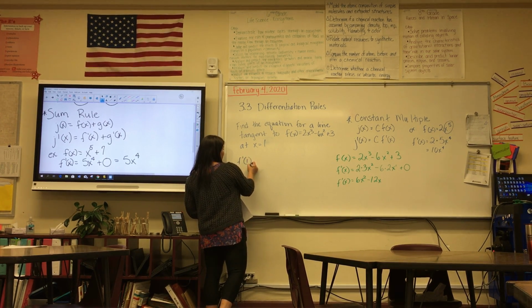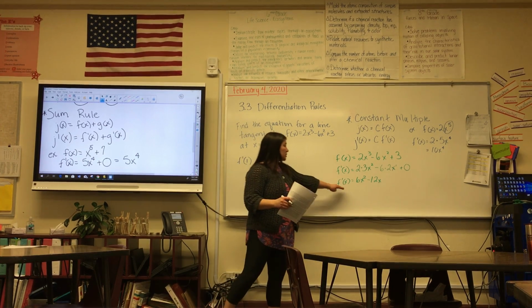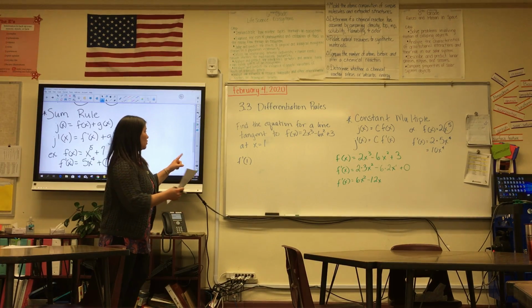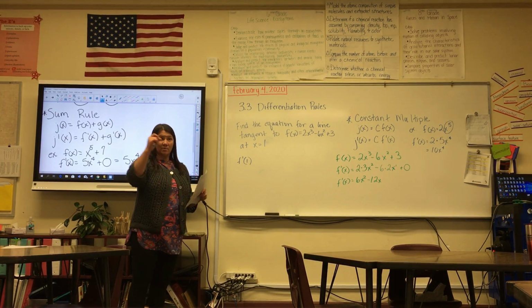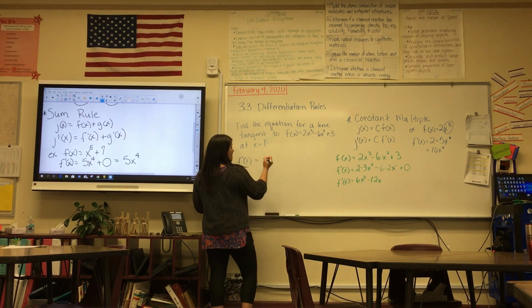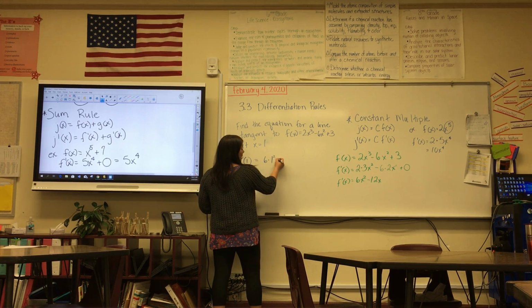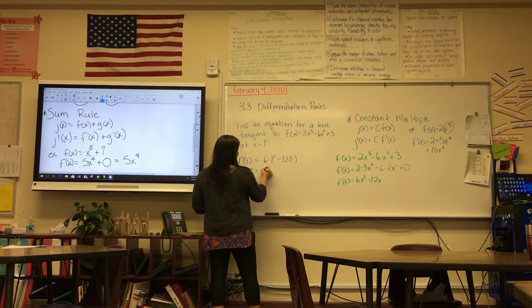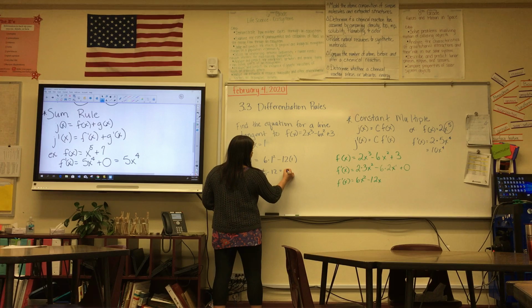What is the slope of this line at x equals 1? Because that's what it told me. So I have to find f prime of 1. Well, it's 6 times 1 squared minus 12 times 1, which is 6 minus 12, which is negative 6.